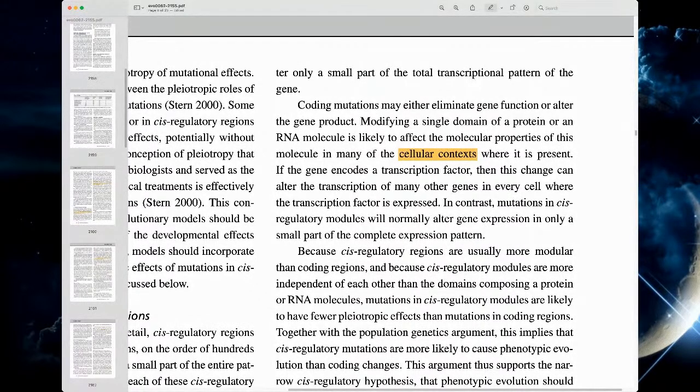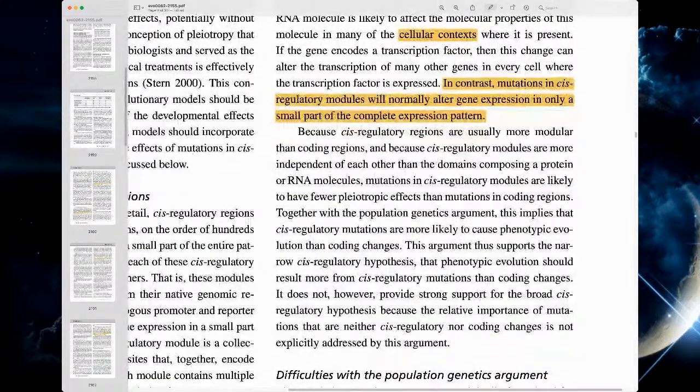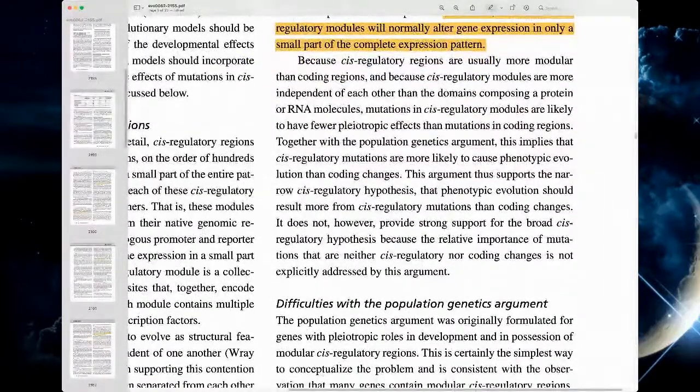Okay, so they're saying that coding mutations are going to affect it in every cell context, whereas cis-regulatory changes could affect it much more specifically. Right, that's the argument that's being put forward that they're trying to address, I guess.